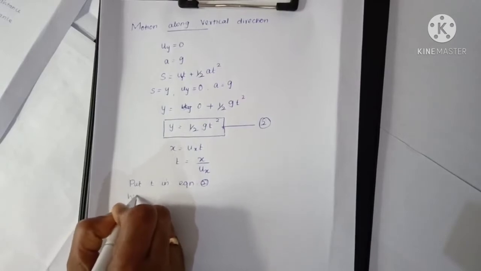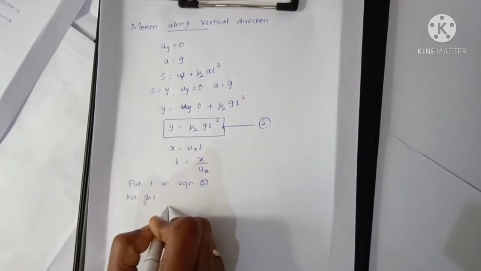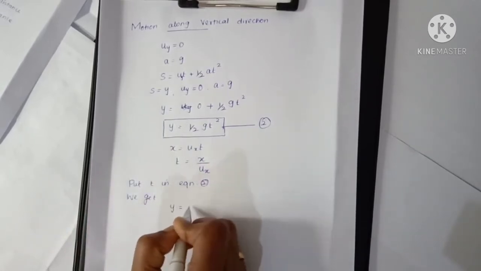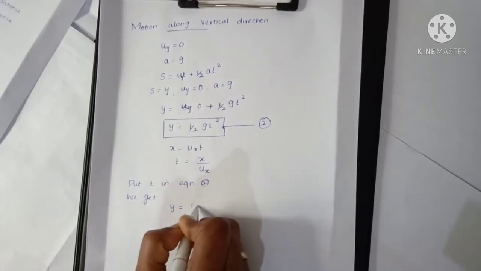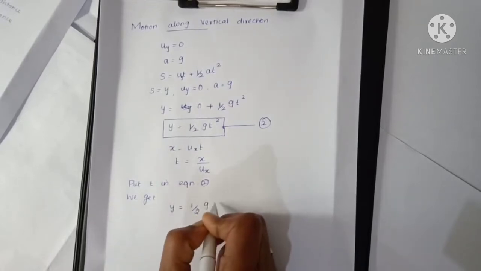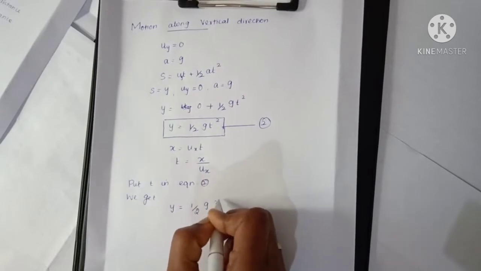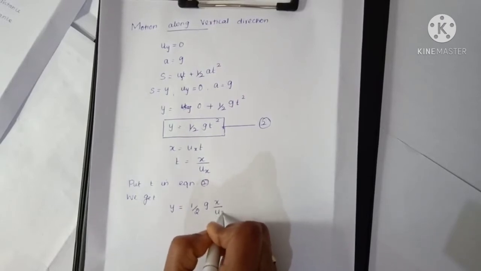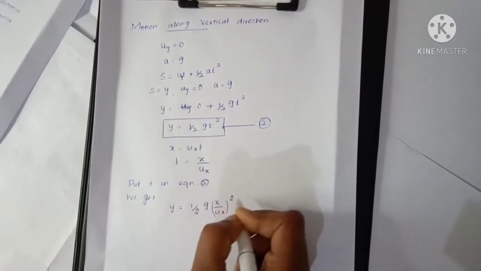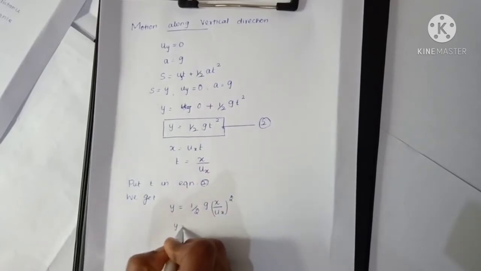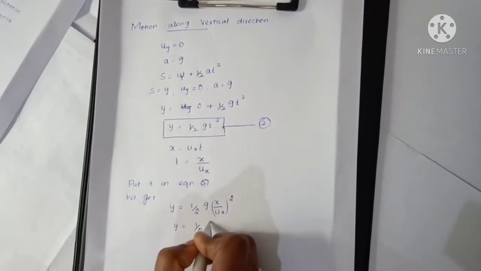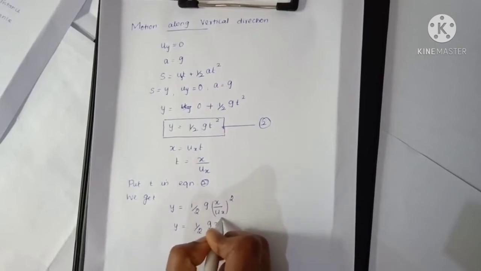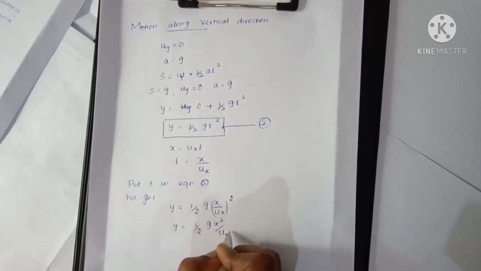We get y is equal to 1 by 2 g, x divided by ux, the whole square, that is t square. So y is equal to 1 by 2 g x square divided by ux square.